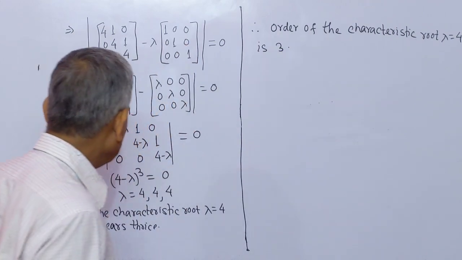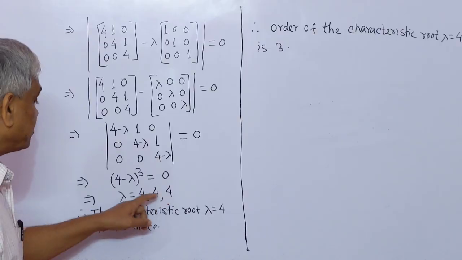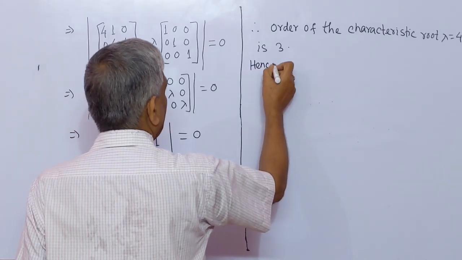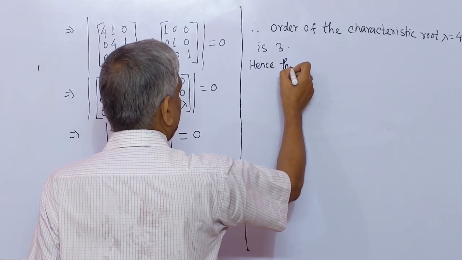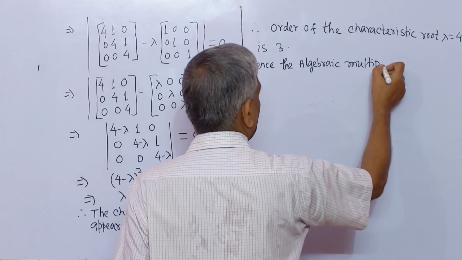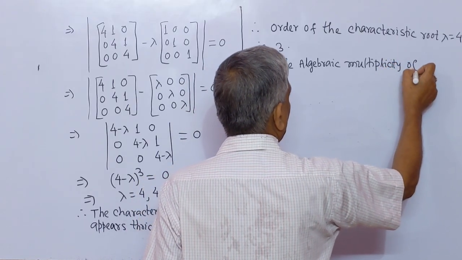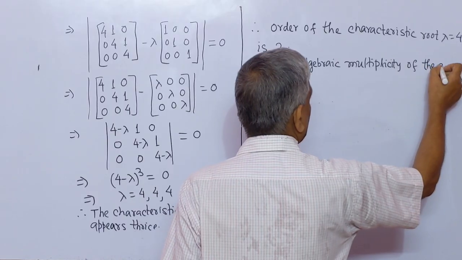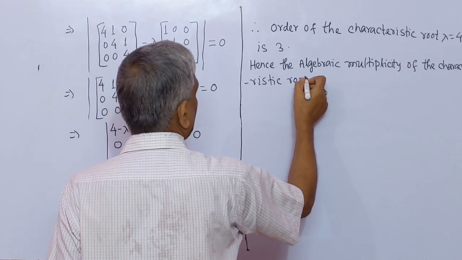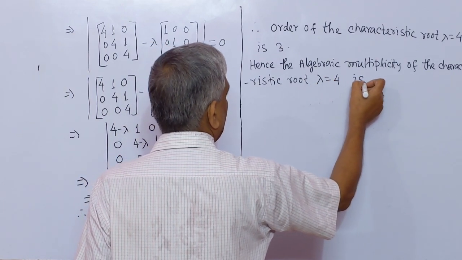That means lambda is repeated thrice. Hence, the algebraic multiplicity of the characteristic root lambda equals 4 is 3.